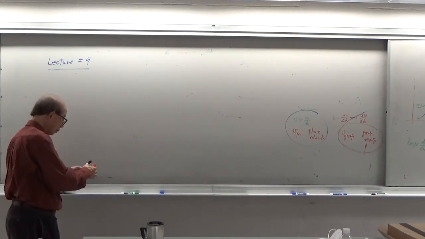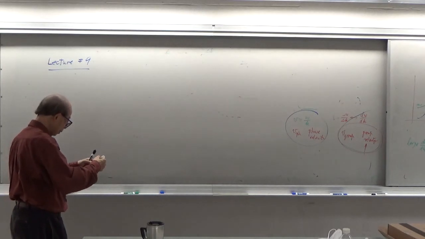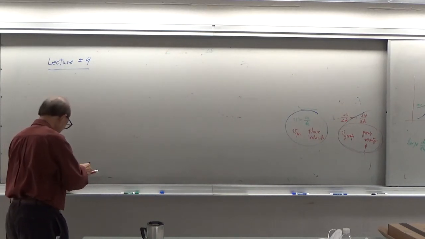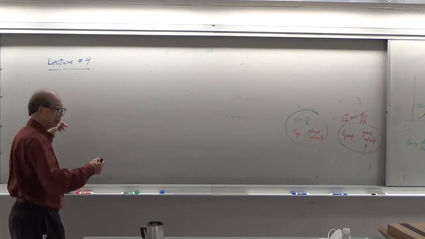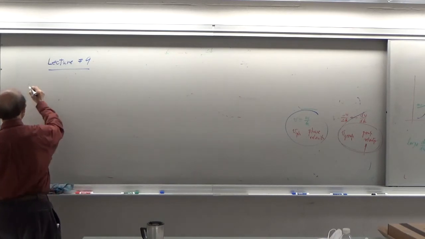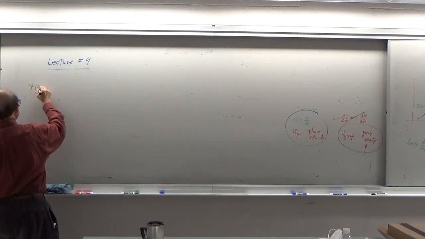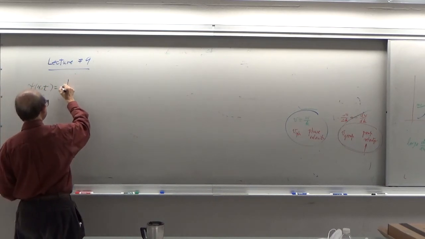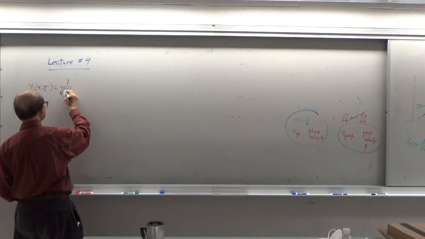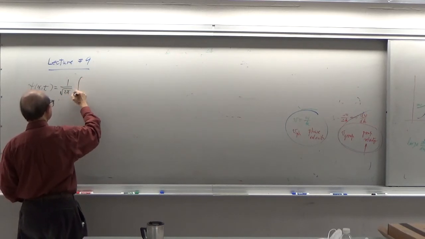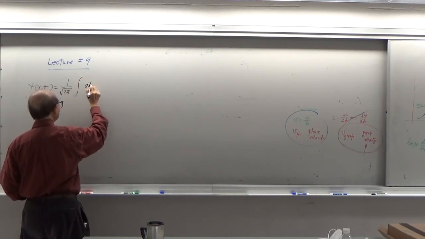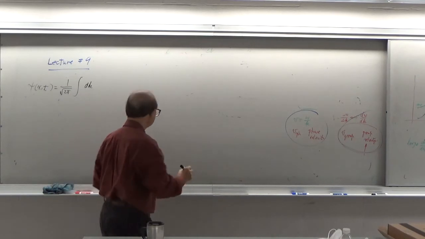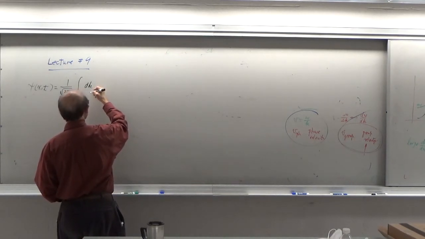Let's talk about a wave. I can propagate it in the positive x direction. So psi of x and time t is equal to, by convention, 1 over square root of 2 pi, integrate over all values of the wave number k.